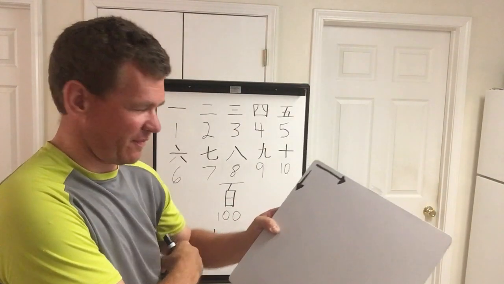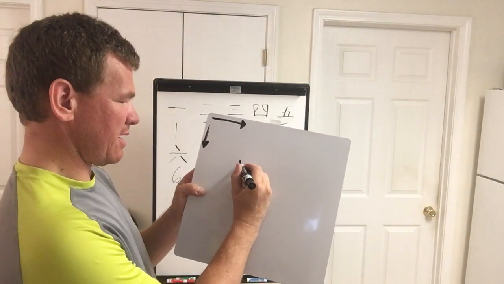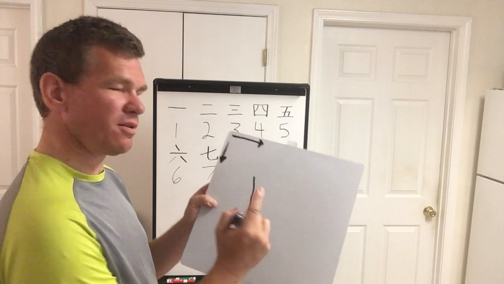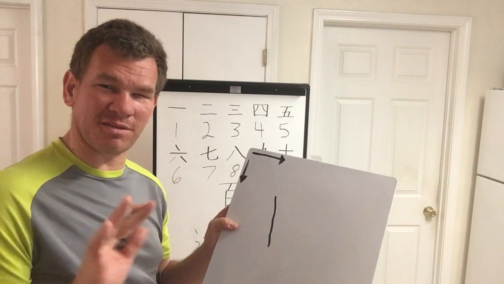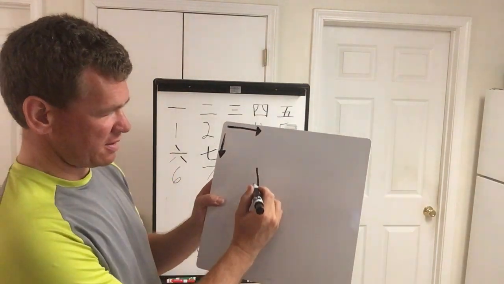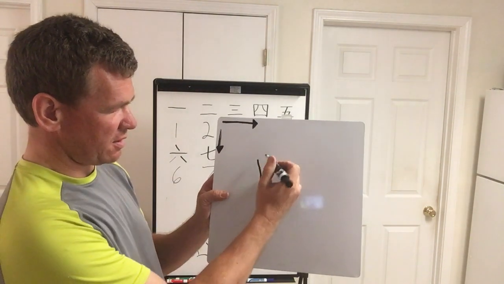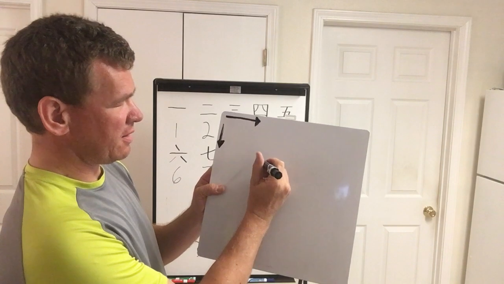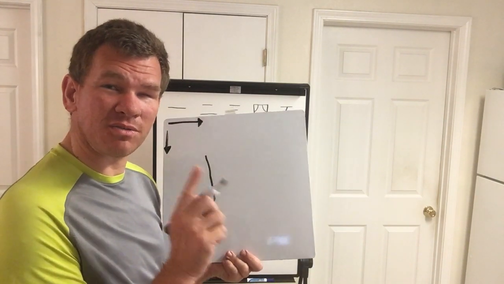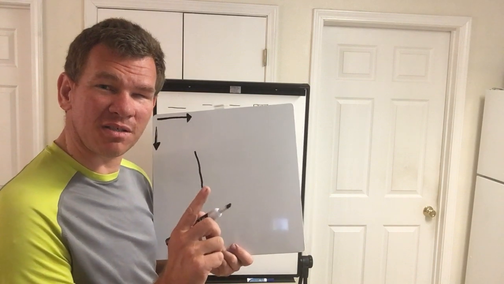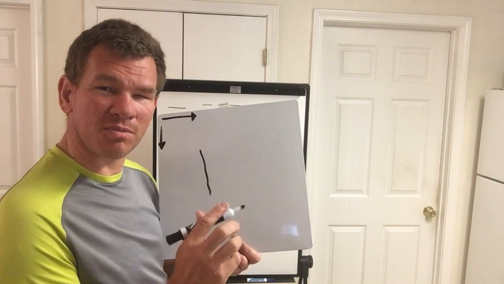Number 4. This one kind of has a slight angle to it, although it depends on the font. It might look like a square, okay? But it has a slight angle. If there's any angle, it's going to be the first one on the left. And you start from the top, you go down. The second one has 2 lines. One stroke, you don't lift your finger, you don't lift the pen or the marker.